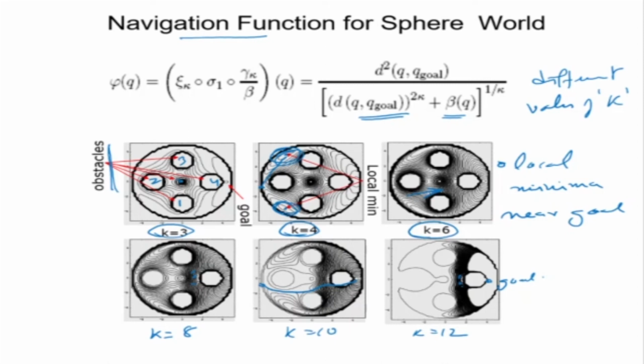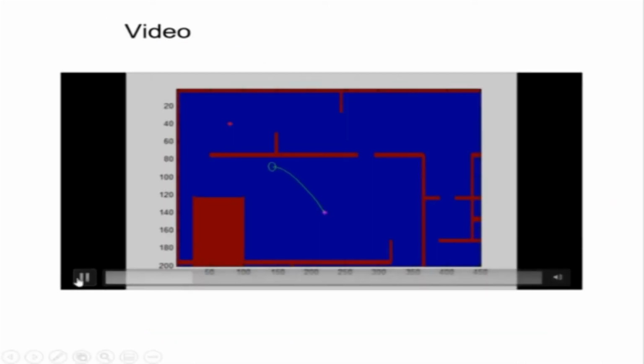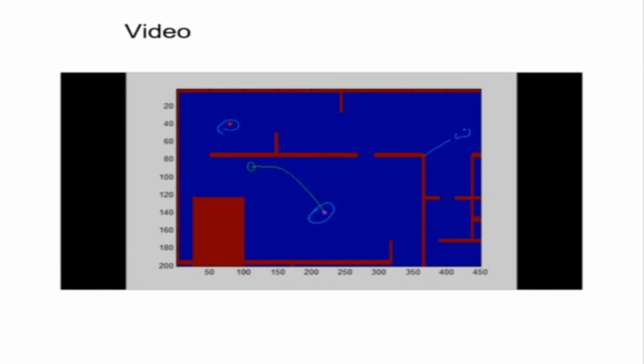Now let's look at a few simulations of the potential field function, a few examples of robots which are avoiding obstacles. So here we have a robot which is represented by this circle. This is the start point, that's my goal point. Now these are walls.